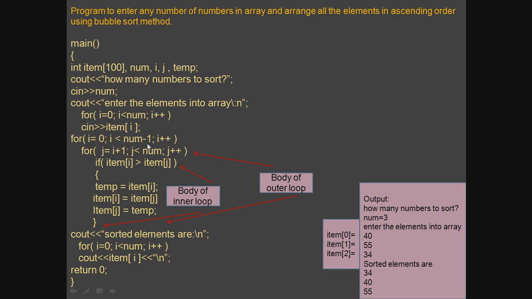But because of this, you can see that there is one less to compare, right? So now 2 is less than 2, false. So now the outer for loop is also complete, it has become false. So now it will come to the cout statements, sorted elements. Again a for loop will display the values stored in item 0, item 1, item 2.